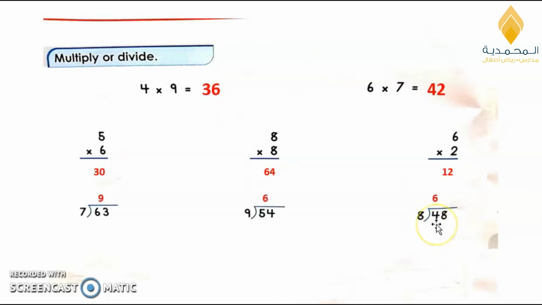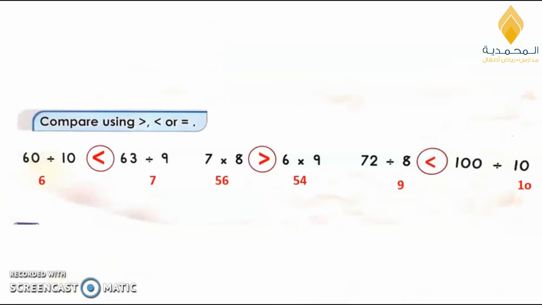Good job. 48 divided by 8 equals 6, because 6 times 8 equals 48. Again, 48 divided by 8 equals 6. All these are quotients.